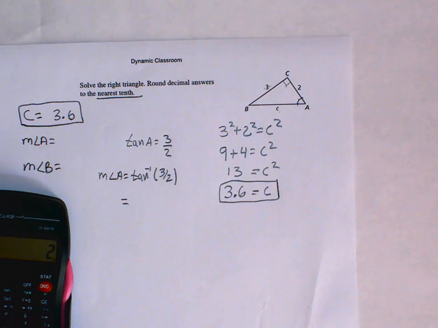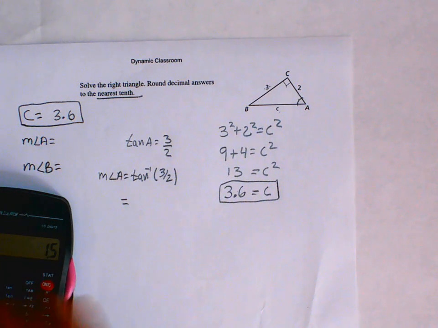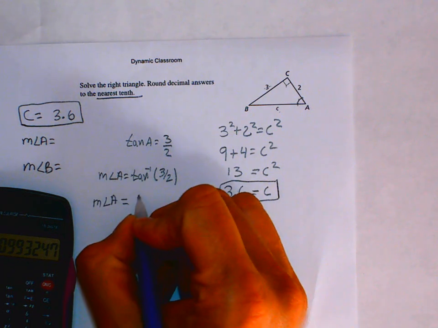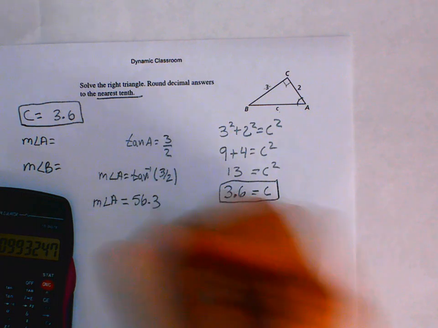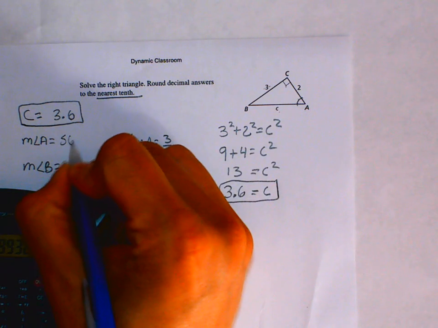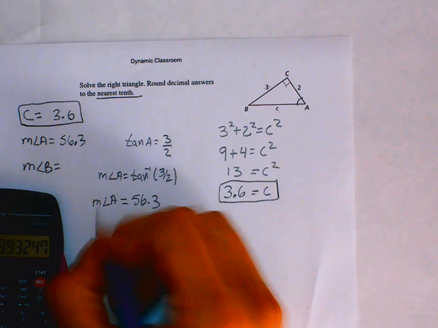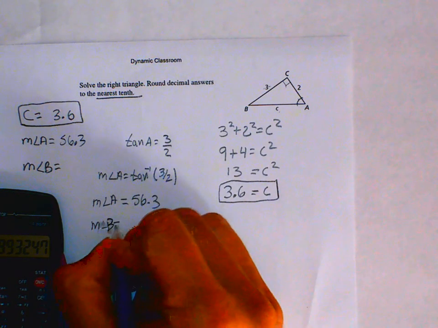3/2, enter. And then second tangent inverse to the nearest tenth, the measure of angle A is about 56.3. So to find out what angle B is, all you have to do is just subtract it from 90.